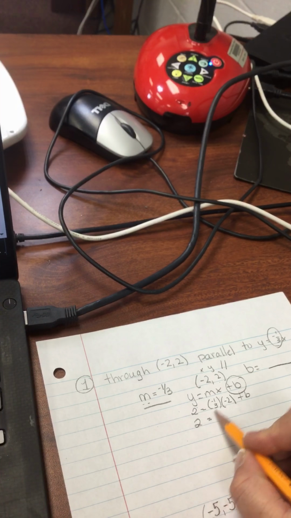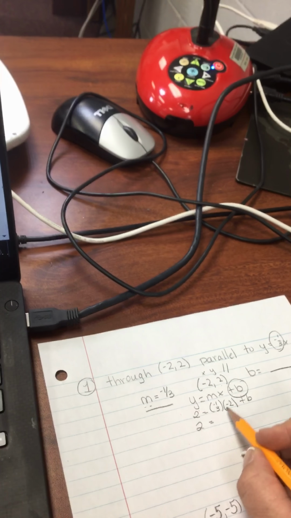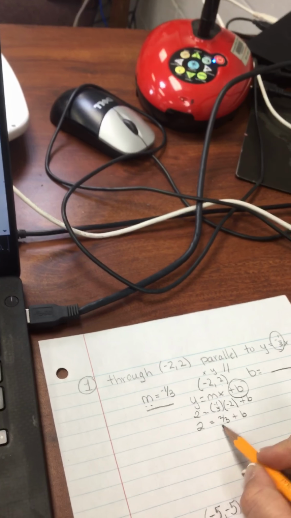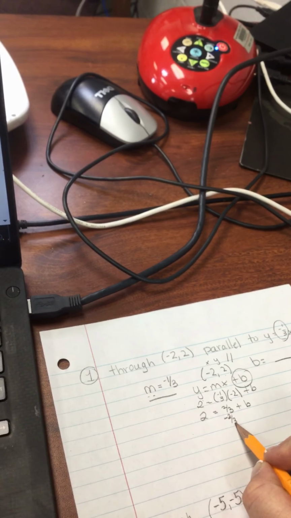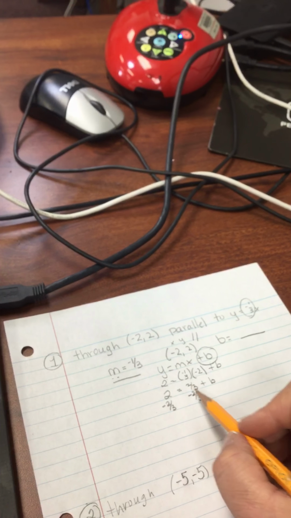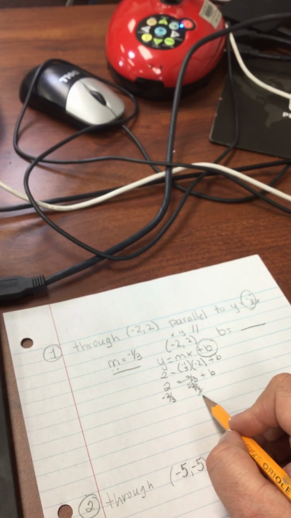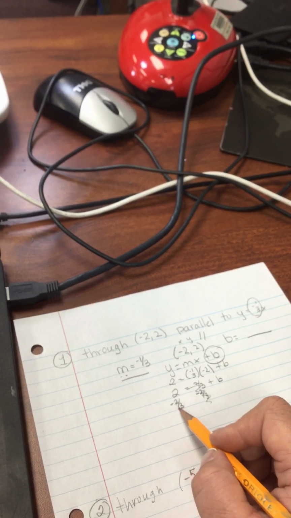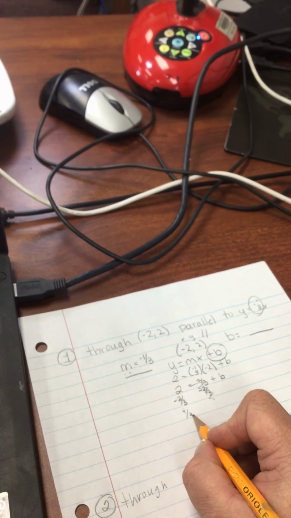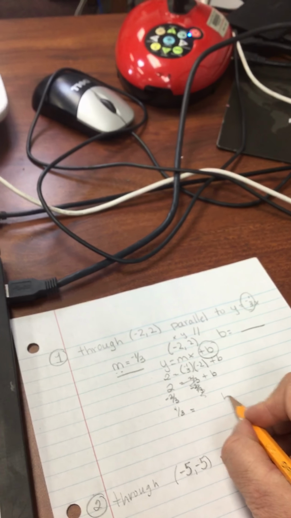So 2 = -1/3 times -2, which gives me positive 2/3, plus b. I'm going to subtract 2/3. So over here, 2/3 minus 2/3 goes away. And then 2 minus 2/3 leaves me with 4/3. You can do that in your calculator or your head, either one.